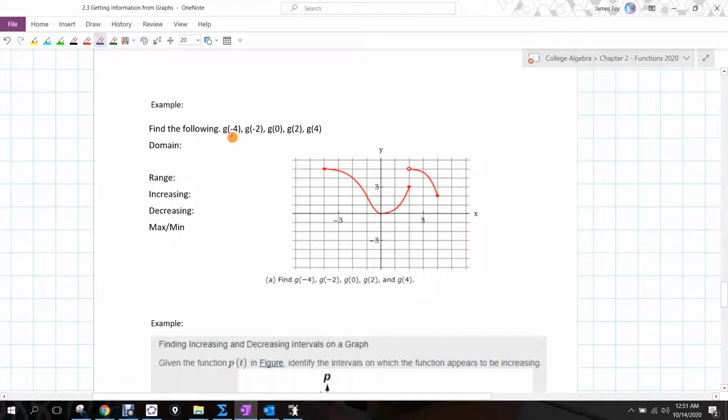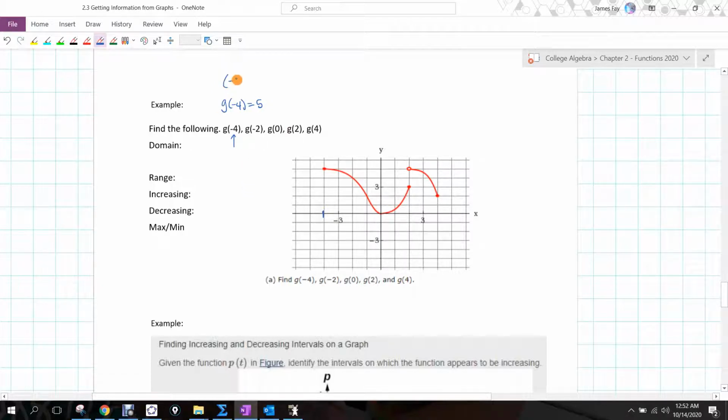So if it asks me what's g of negative 4, I'm going to go find negative 4 on my x-axis, because remember that's my independent value, so that's my x value. I'm going to say, okay, what is the y value on my graph that is attached to x being negative 4, and that y value would be 5. So g of negative 4 is equal to 5.